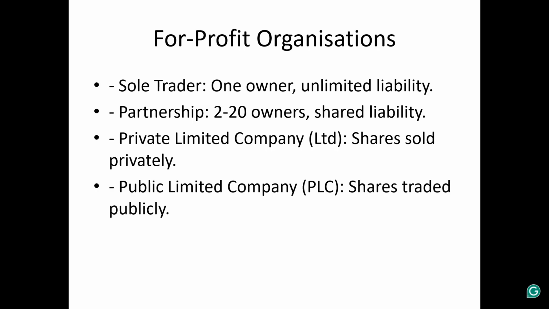So if something goes wrong in the business, they will have to somehow figure that out individually, and they're all held responsible. You also have private limited companies where shares are sold privately. So basically, only some people will have access to the company's profit and control.